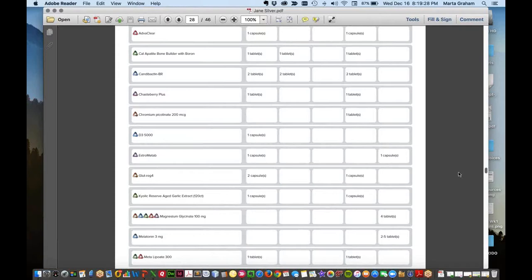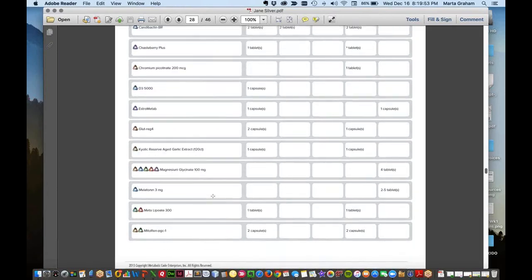So you can see how magnesium glycinate has all 5 triads attached to it, meaning that in fact this is someone who could benefit globally by magnesium, as opposed to just above it, aged garlic, where we've identified triad 3, cardiopulmonary neurovascular, or chasteberry, which is specific to triad 5. So all of this is color-coded for sort of immediate recognition.